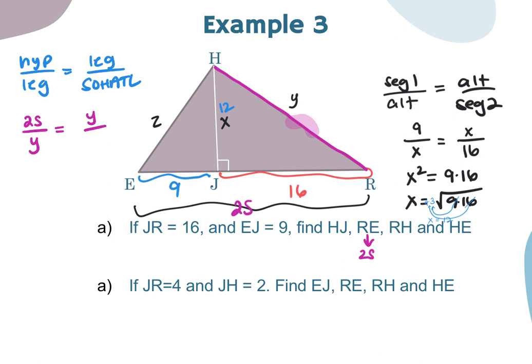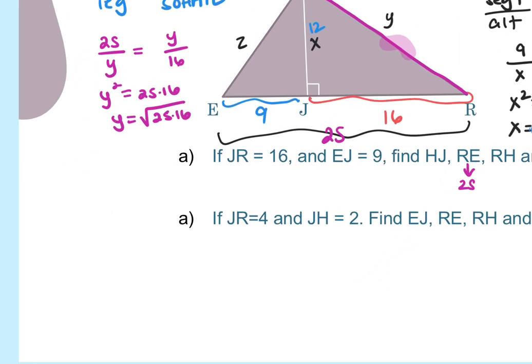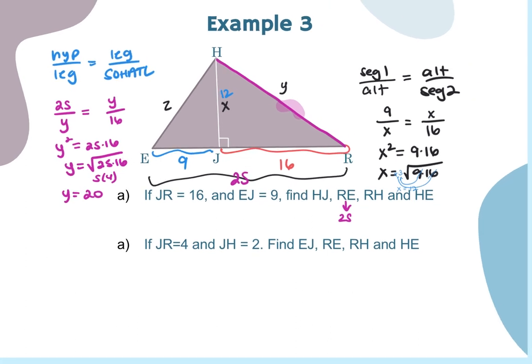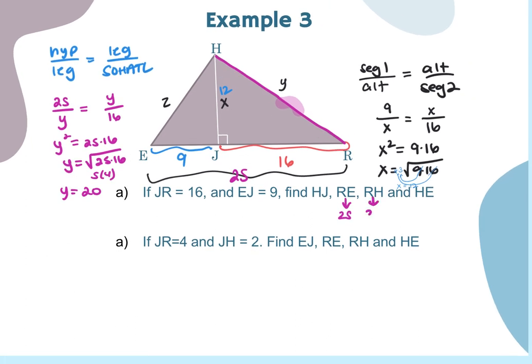And I want the segment of the hypotenuse adjacent to that leg, which would be 16. Good. Cross multiply, y squared equals 25 times 16, and y equals the square root of 25 times 16, which becomes 5 times 4, or 20. And that y was on HR, or RH, so that's 20.